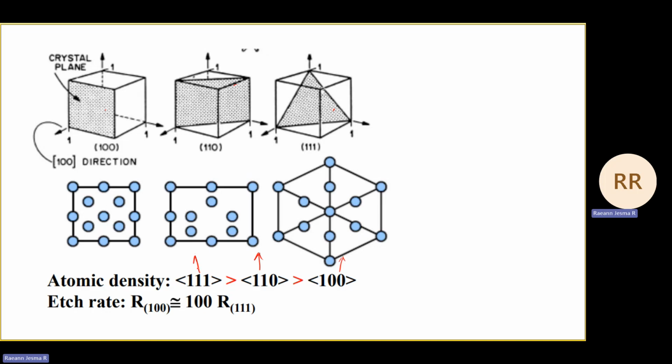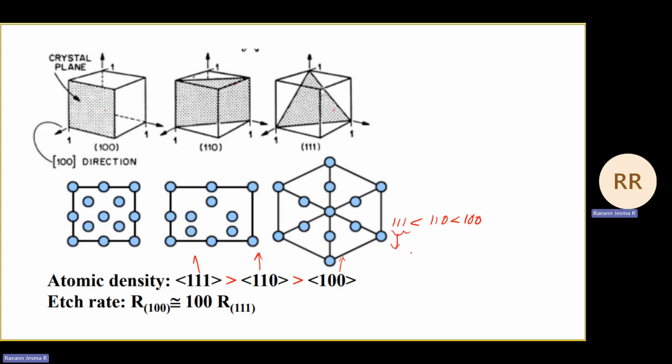If it has very high activation energy, then the etch rate will be very low. So if we compare the etch rate between these three crystallographic orientations, 111 will have the lowest etch rate compared to 110 and 100.